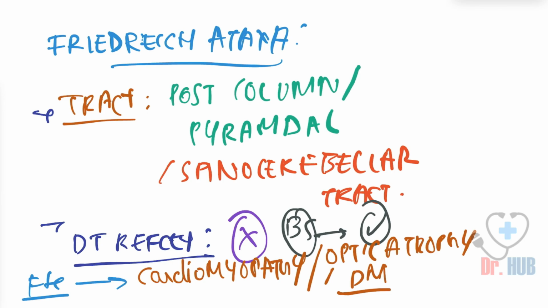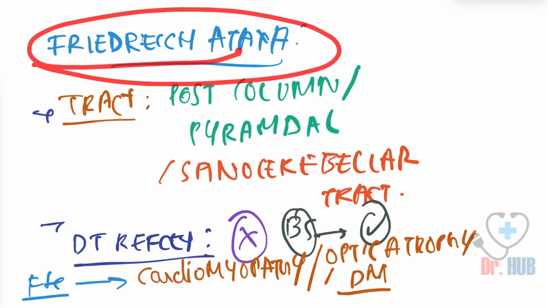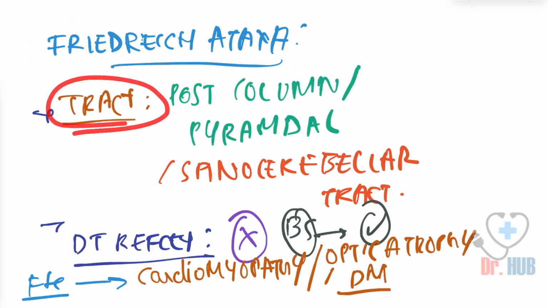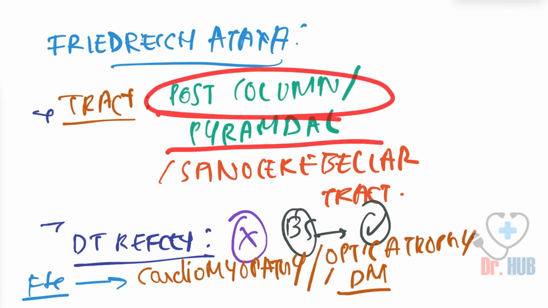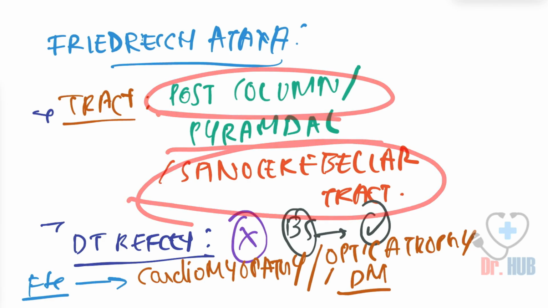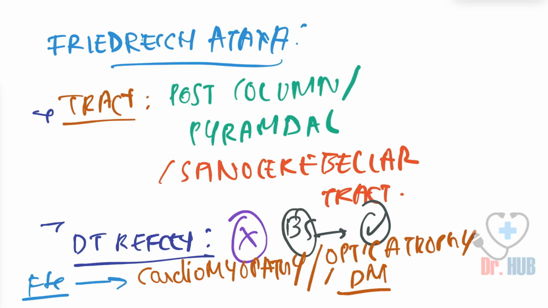Just to recap, in terms of the Friedreich ataxia, the tracts involved are the posterior column, the pyramidal and the spinocerebellar tracts. What about the deep tendon reflex in Friedreich ataxia?